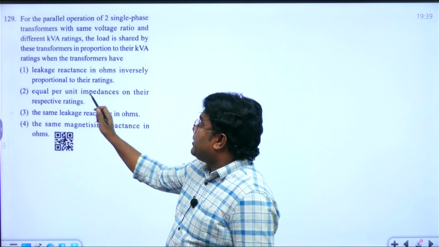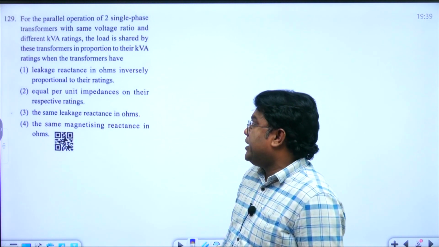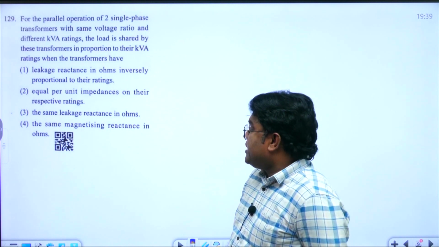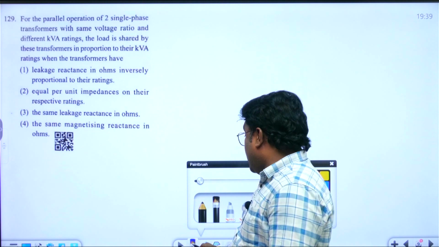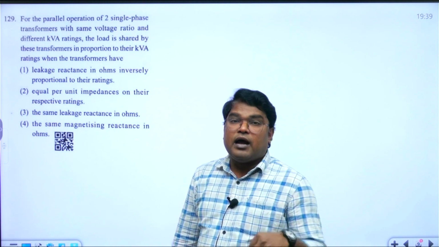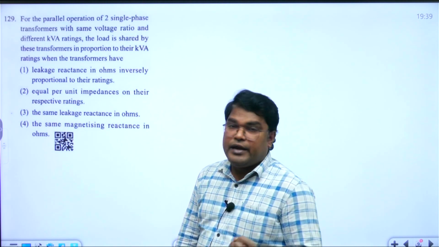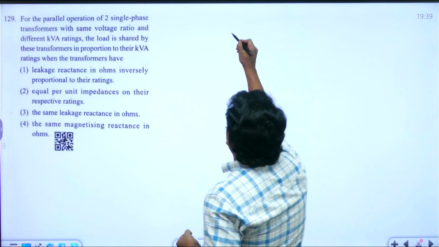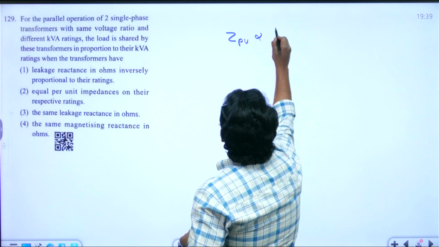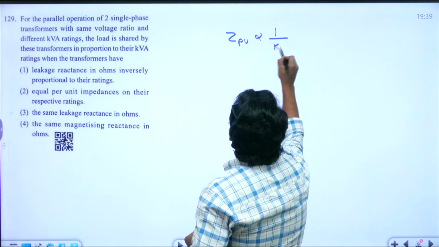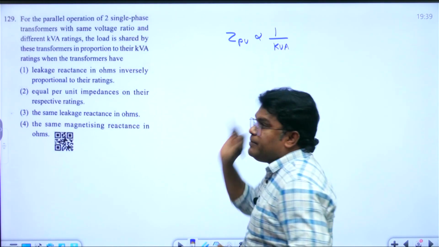In order to share the load according to kVA rating, what is the requirement? The ohmic impedance of the transformer should be inversely proportional to the kVA rating. This is the basic condition.